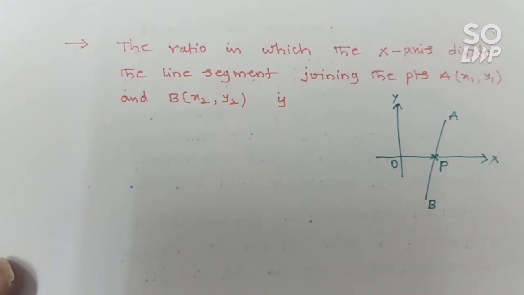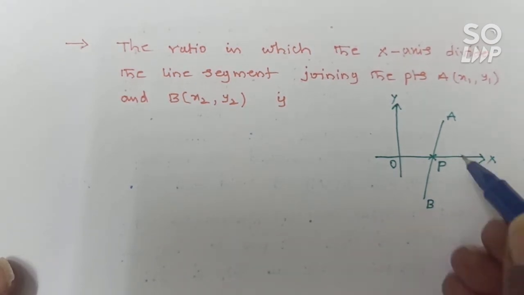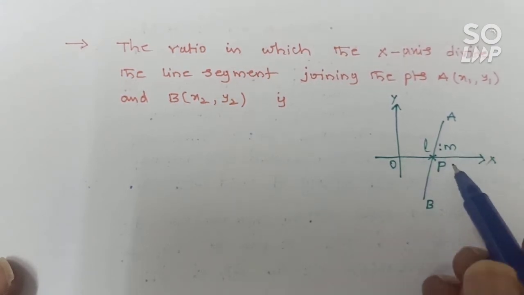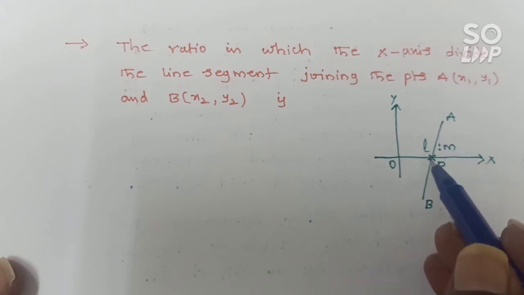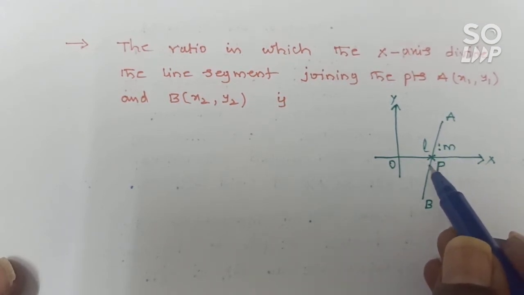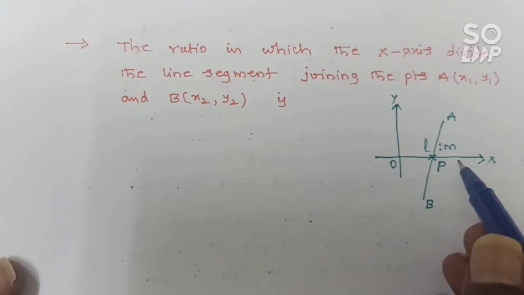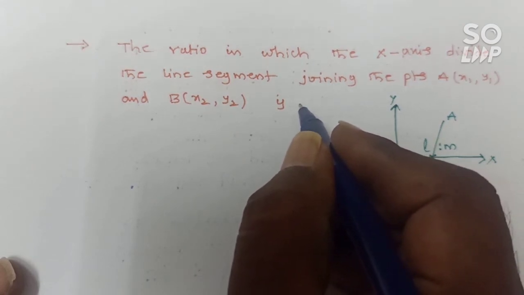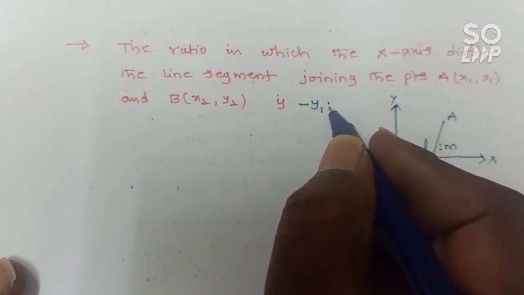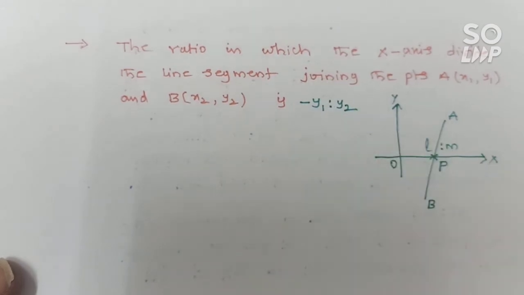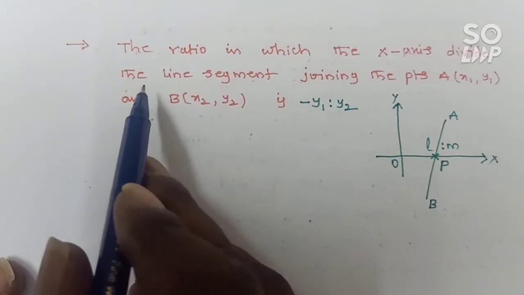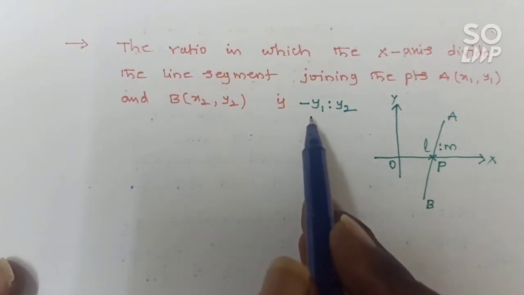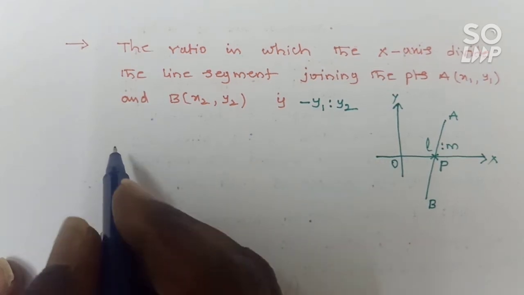In the previous formula, let it divide in the ratio L is to M. Now you are going to find the L is to M value. If P lies on the x-axis, the y coordinate will be equal to 0. By equating that y coordinate, your answer will be minus y1 is to y2. That means the x-axis divides the line segment joining the points in the ratio minus y1 is to y2.